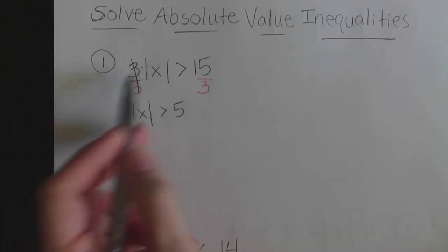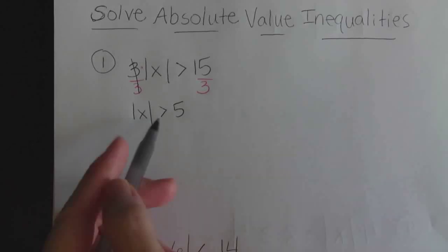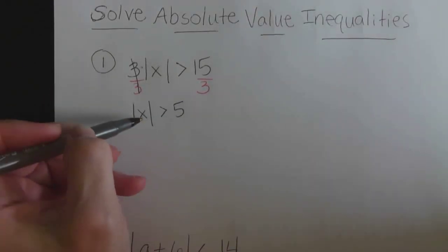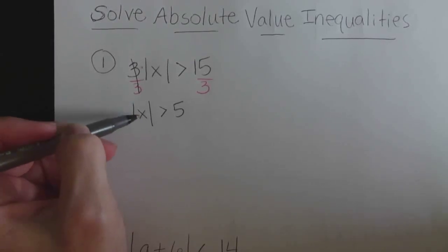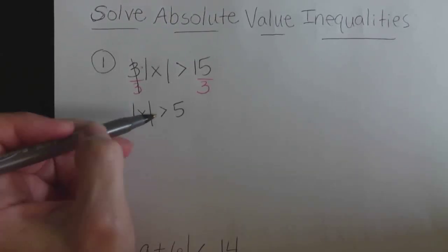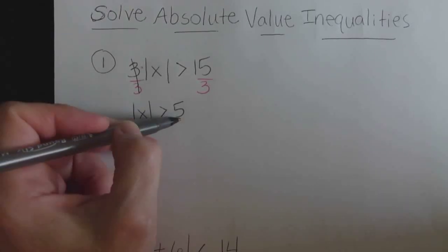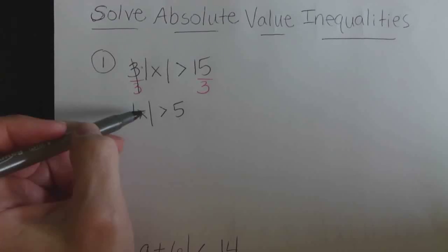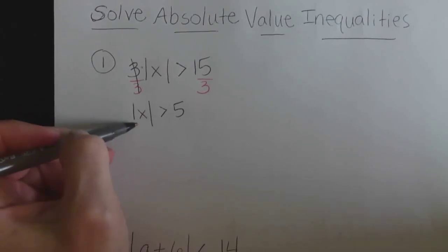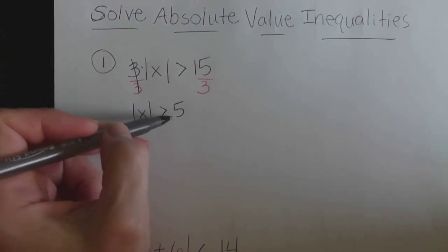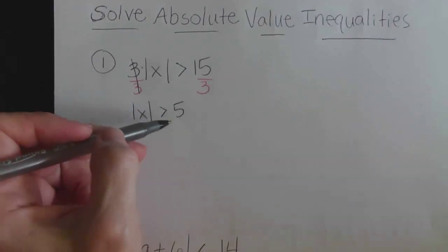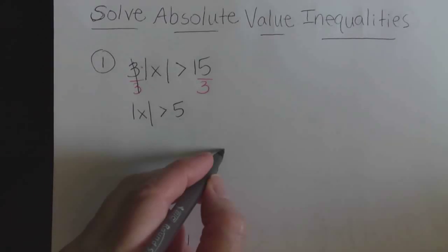Now that we have the absolute value alone, we can really think about this and what it means. We know that absolute value takes the contents inside and really wants us to position this more than 5 units away from 0 on the number line. So what numbers are more than 5 units away from 0? Well, there's lots of them.